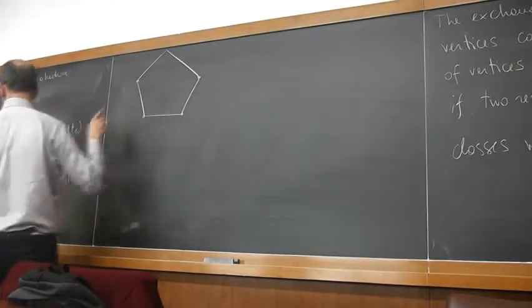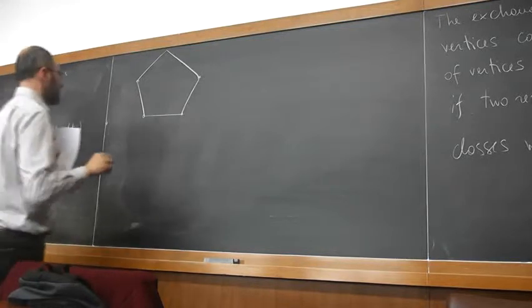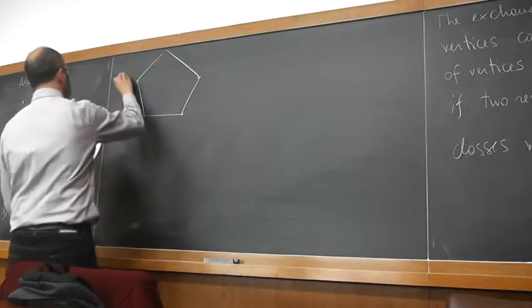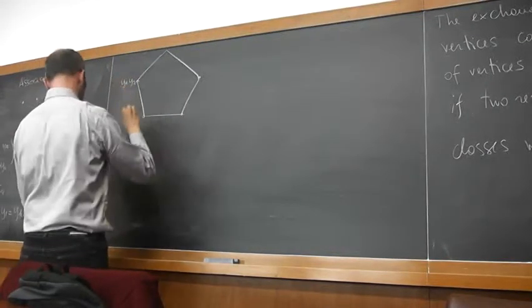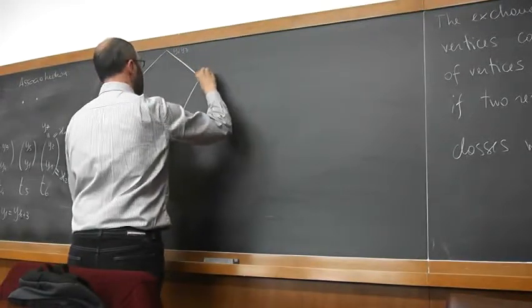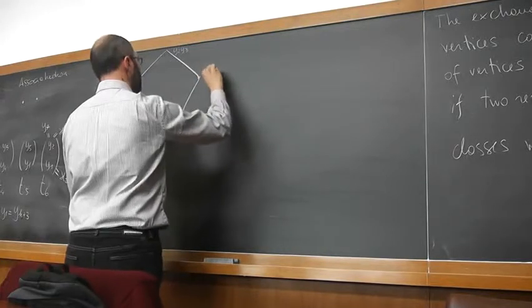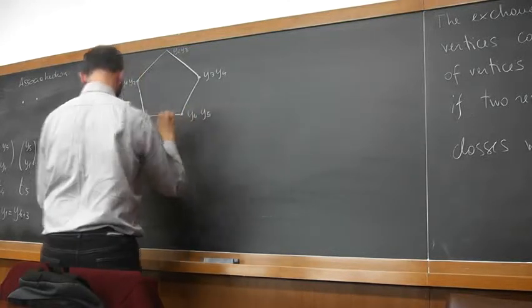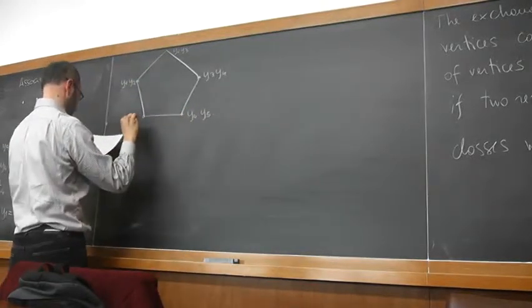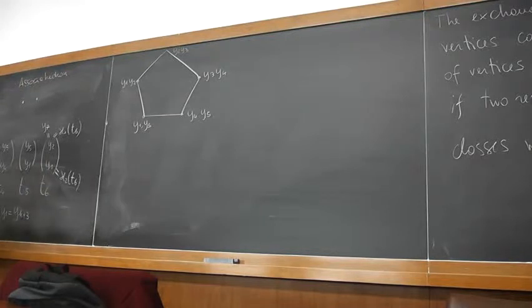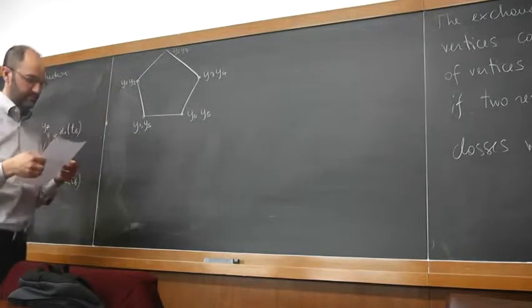So I will rewrite the cluster variables on the vertices. Maybe there is y1, y2, y2, y3, y3, y4. Here we have y4, y5, and finally y1, y5. And we can write the exchange relations on the edges.